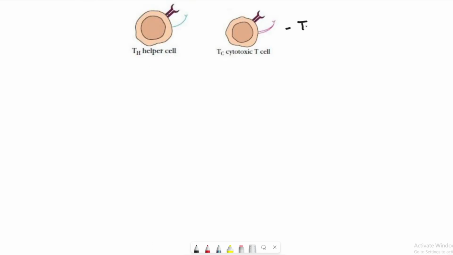T lymphocytes. T lymphocytes derive their name from their site of maturation in the thymus. Like B lymphocytes, they have membrane receptors for antigen. Although the antigen binding T cell receptor is structurally distinct from immunoglobulin, it does share some common structural features with the immunoglobulin molecule, most notably in the structure of its antigen binding site.